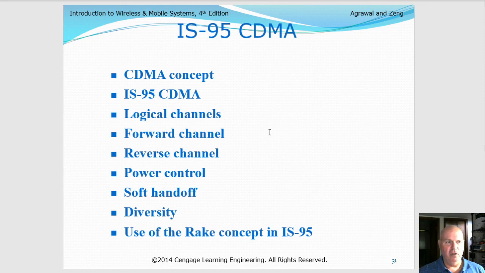And then by using a number of different orthogonal codes, we can transmit all these different messages simultaneously using the same available frequencies. So we'll talk a little bit about IS-95 or CDMA1.